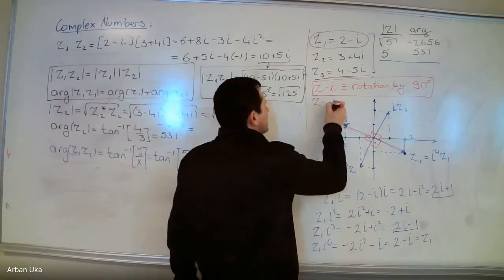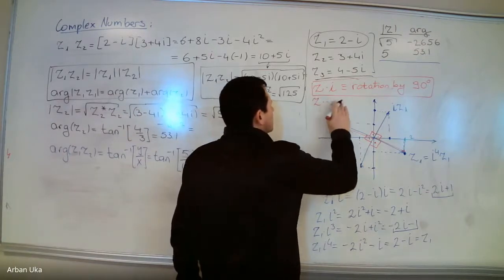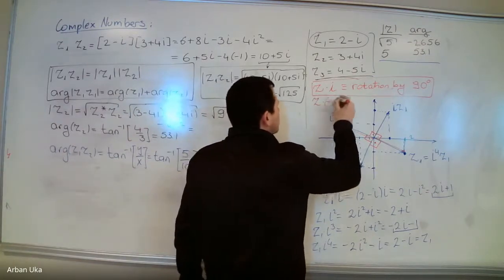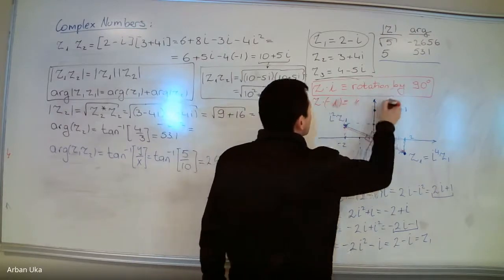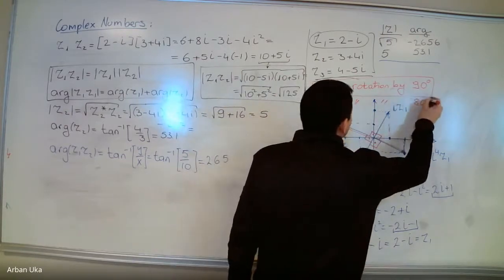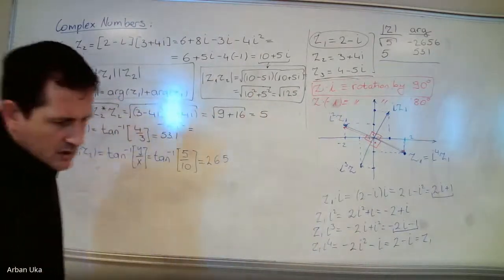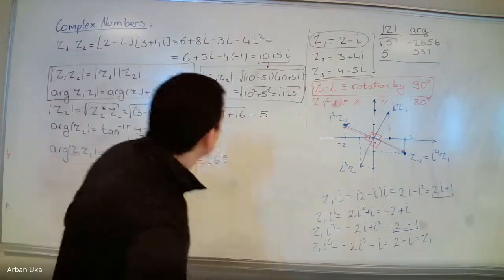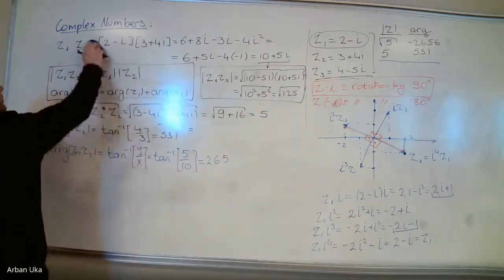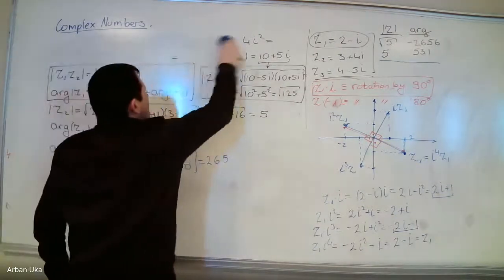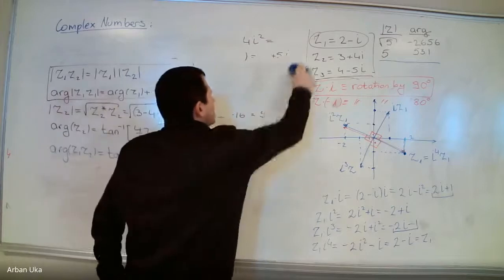So z times minus 1 is equivalent to a rotation by 180 degrees. So this is what this multiplication gives for us. I believe we remember these examples, so let's take them away for a moment.